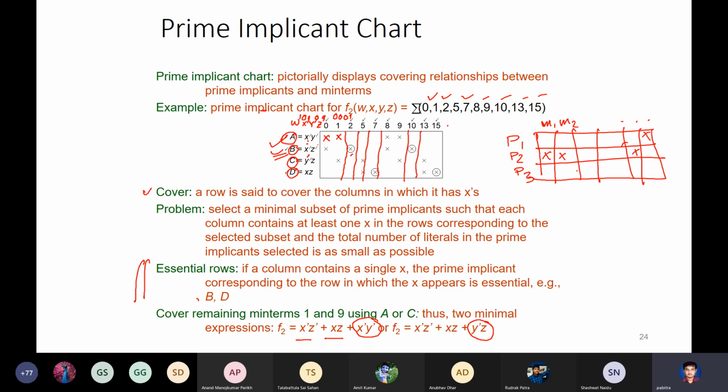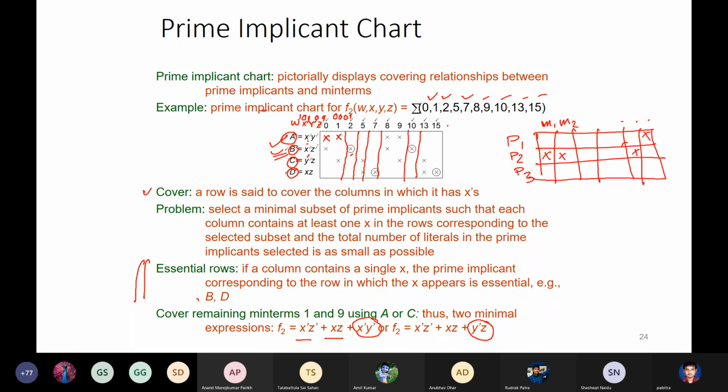Suppose I have chosen a subset of the rows which are enough to cover. Because every row is a prime implicant, there is a logic expression for it. I'll add up all of them to get my final minimized expression. This is a two-step minimization, because I'm looking at only two steps. I could have done a prime implicant over prime implicant, second and third level also.